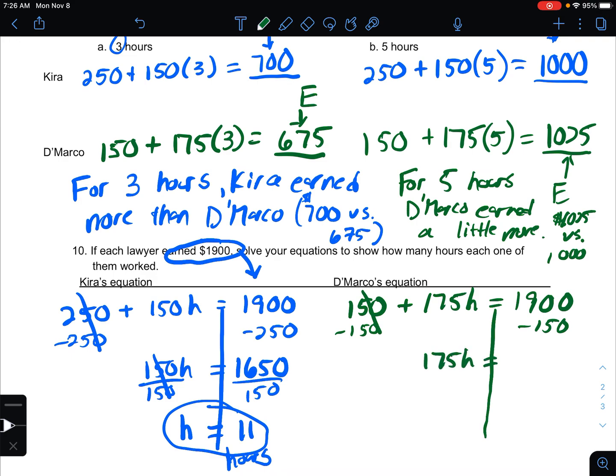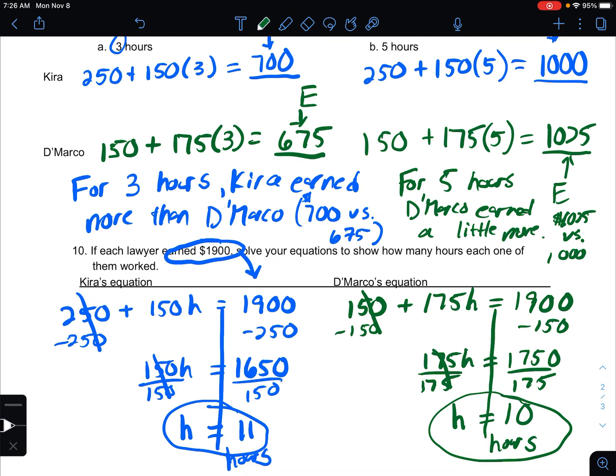Bring down what's left. 175H is equal to, let's see, that would be 1,750. I could do this one in my head. All right, let's undo the multiplication by dividing both sides by 175. 175 divided by 175 is 1, so 1H. And 1,750 divided by 175, I know, is 10 hours.